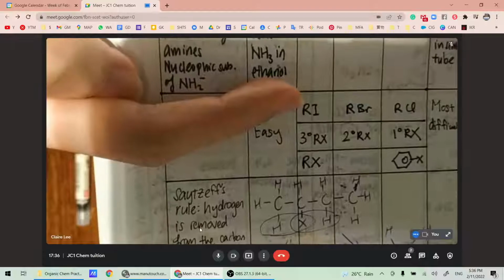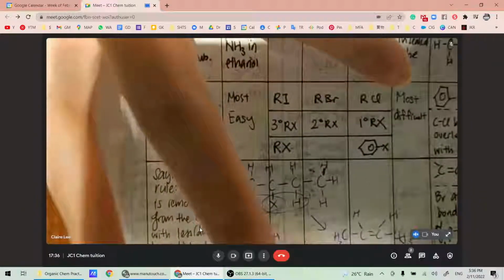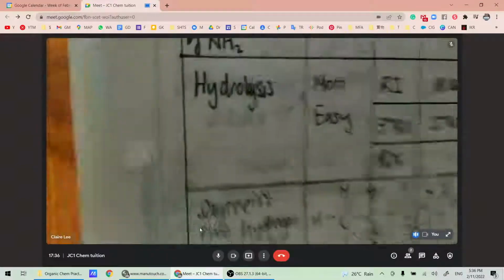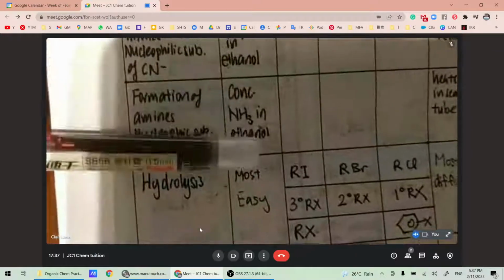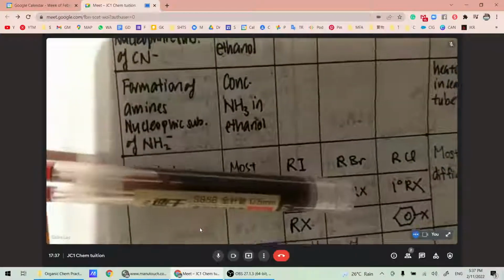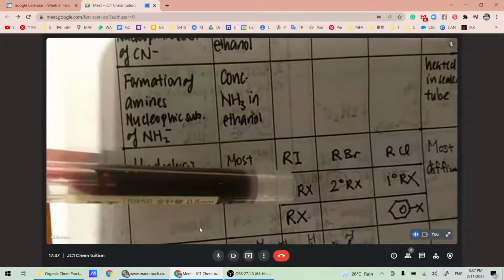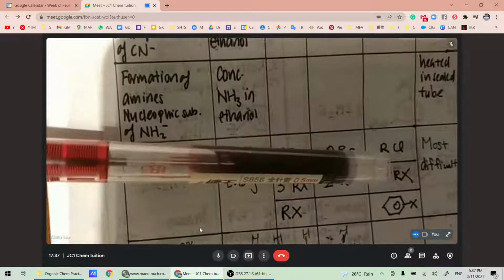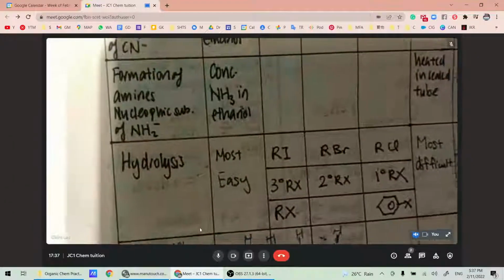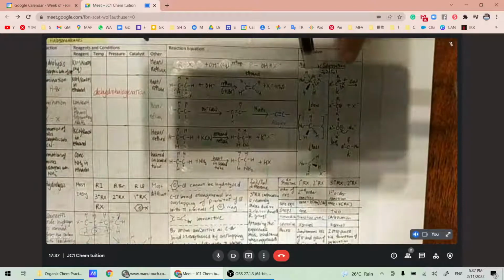So iodoalkanes are the easiest to hydrolyze, breaking the carbon-iodine bond versus the carbon-chlorine bond. Then tertiary is the easiest, whereas primary is the most difficult. This is due to the stability of the carbocation they form, because tertiary RX forms the most stable carbocation, so it's the easiest to break or hydrolyze.